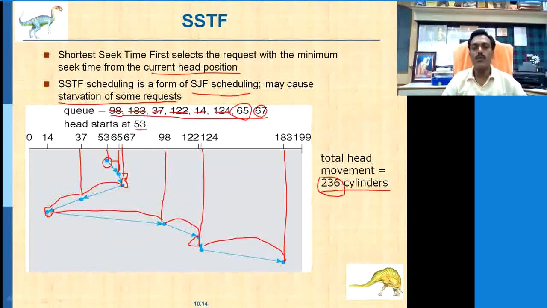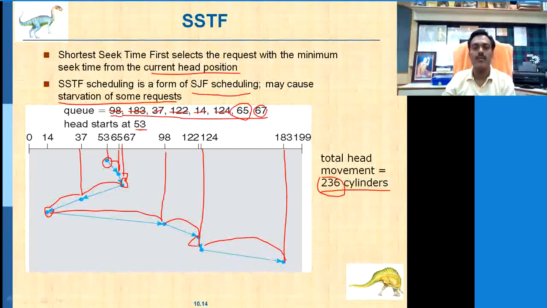Compared to first come first serve, this SSTF is very effective and requires less time to provide services to all the sectors, or it takes less time to transfer data from these cylinders to the machine. Getting it?